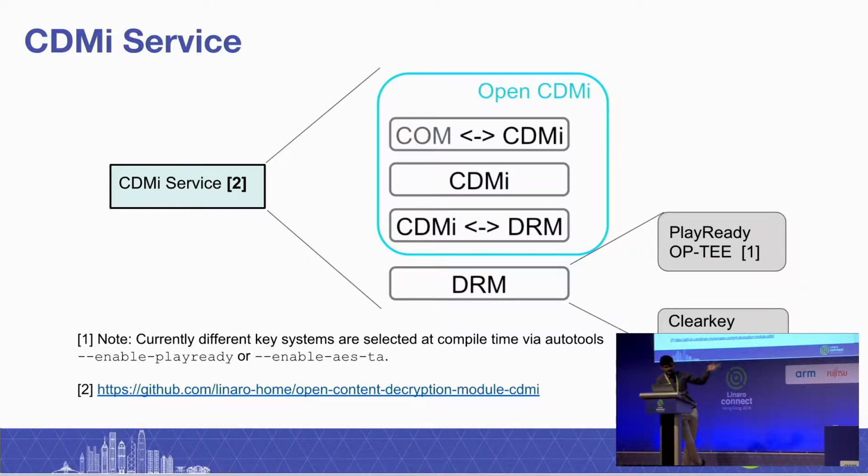So either we can compile CDMI as a ClearKey CDMI or PlayReady, so that's compile time configurable. So that core CDMI service will route the call to the corresponding DRM, and the DRM is where the actual decryption and all the license management will happen.